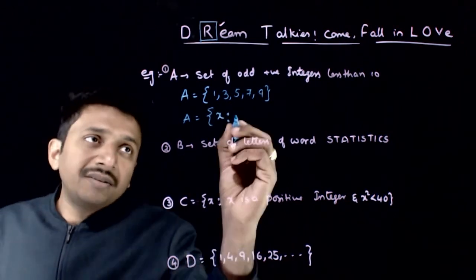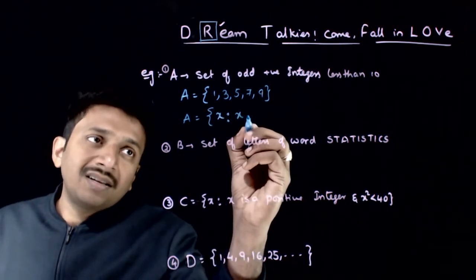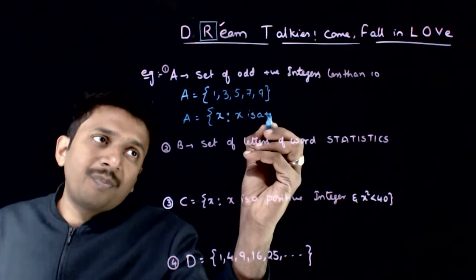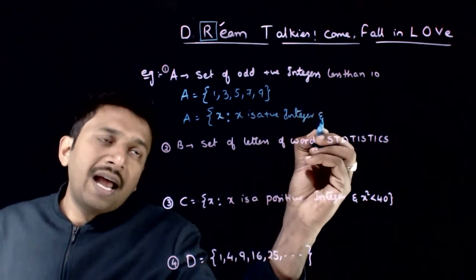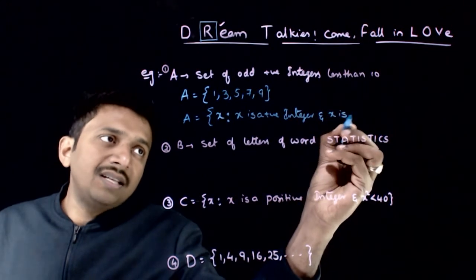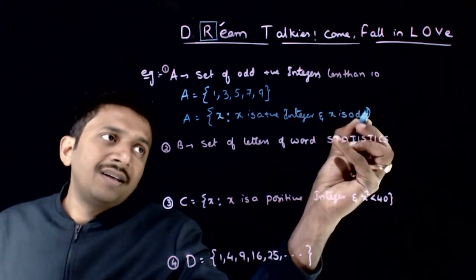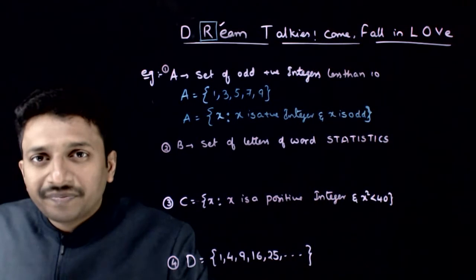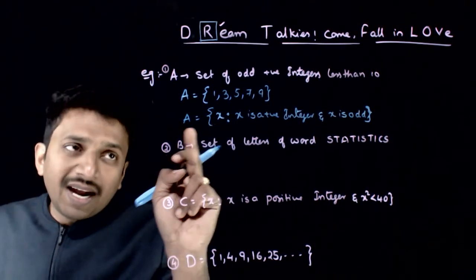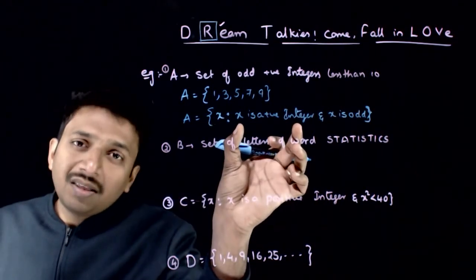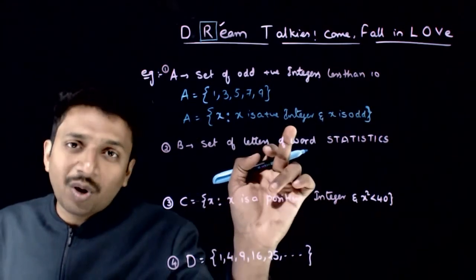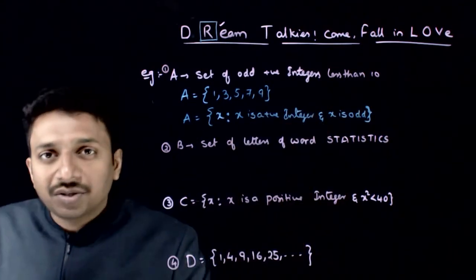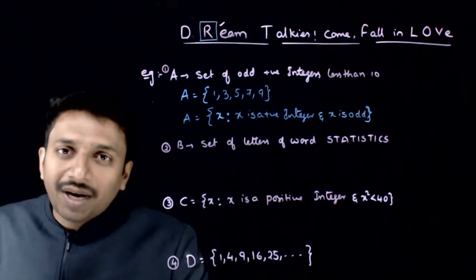So x such that x is a positive integer and x is odd. I can write it like this. So A contains element x such that x is a positive integer and x is odd. This is one way to write this.